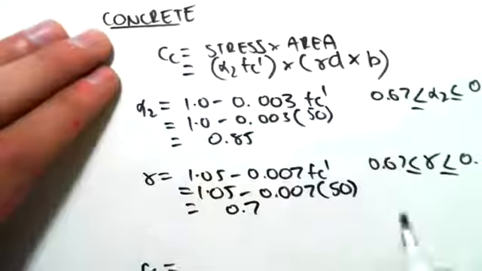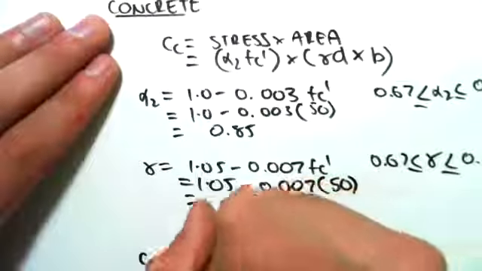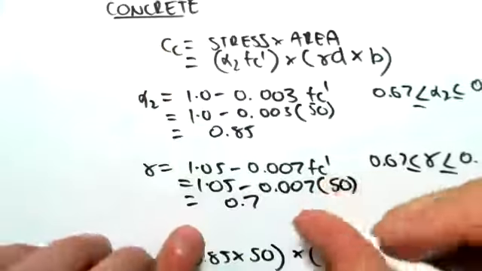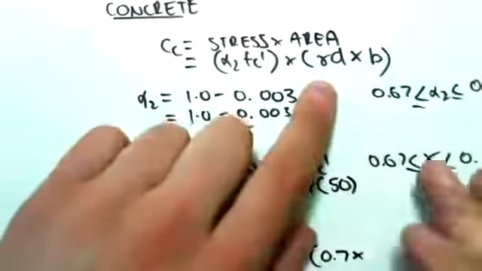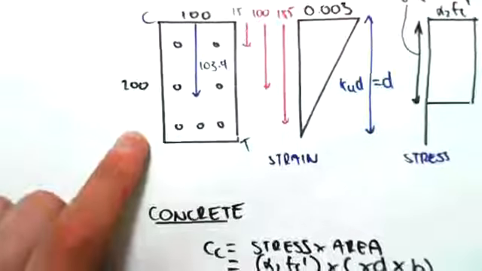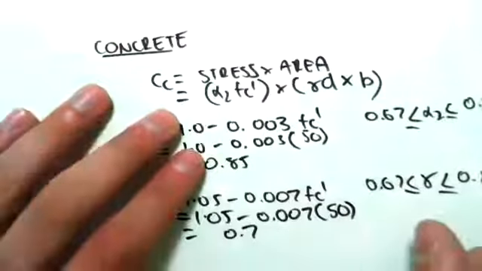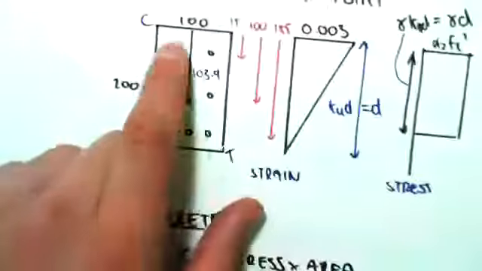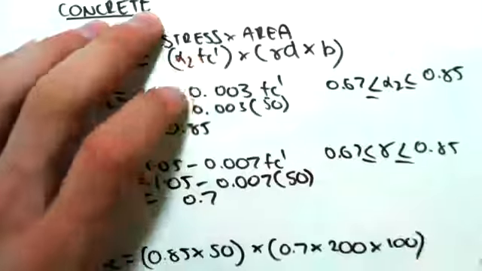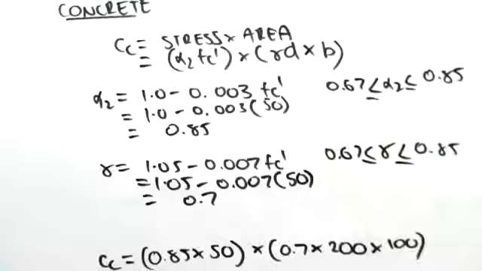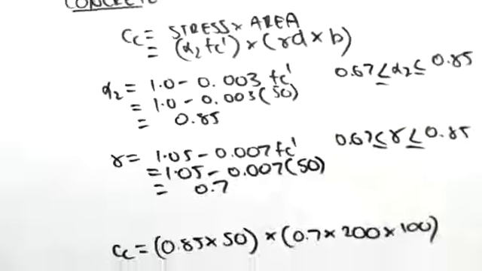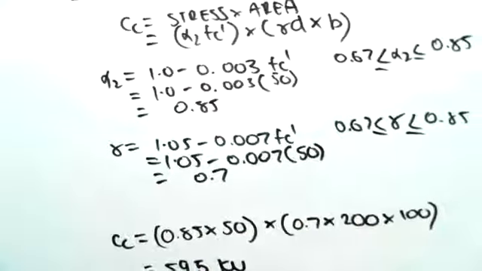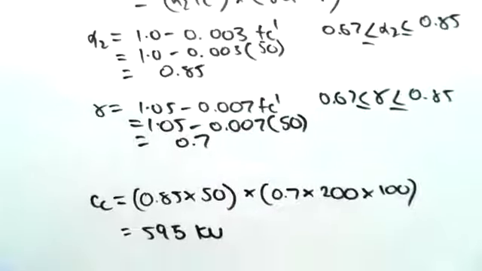Alpha 2 is 0.85, fc dash is 50 MPa, times gamma, which is 0.7, times d, which is 200, times b, the width, which is 100 mils. If we work this out, you would get a value of 595 kilonewtons.